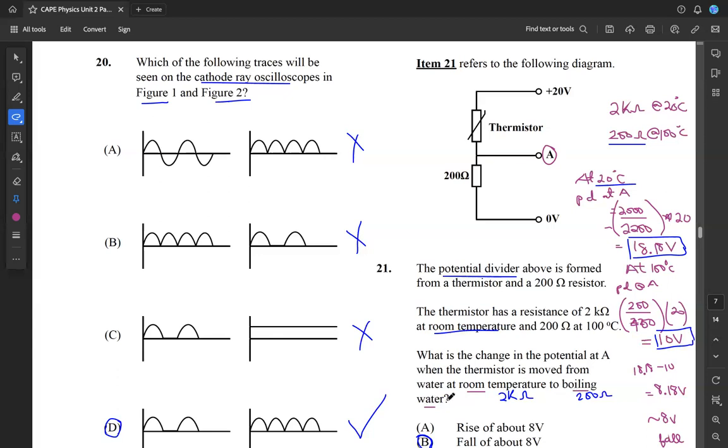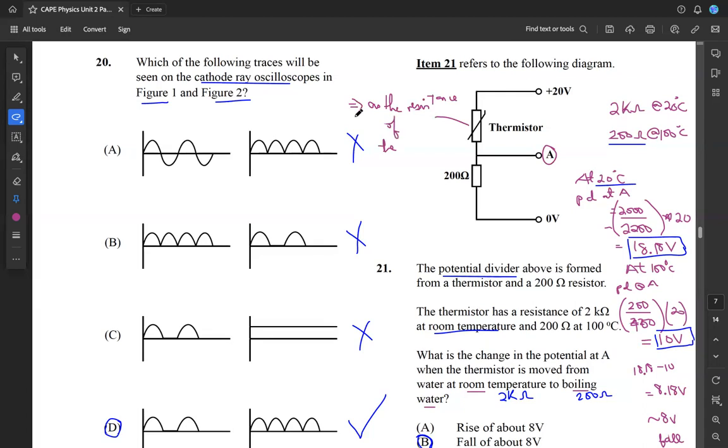Again, they gave us the resistance values, so we know that the resistance of the thermistor will be changing. And as the resistance of the thermistor changes, the potential at A is also going to change. That's the overarching thing here.